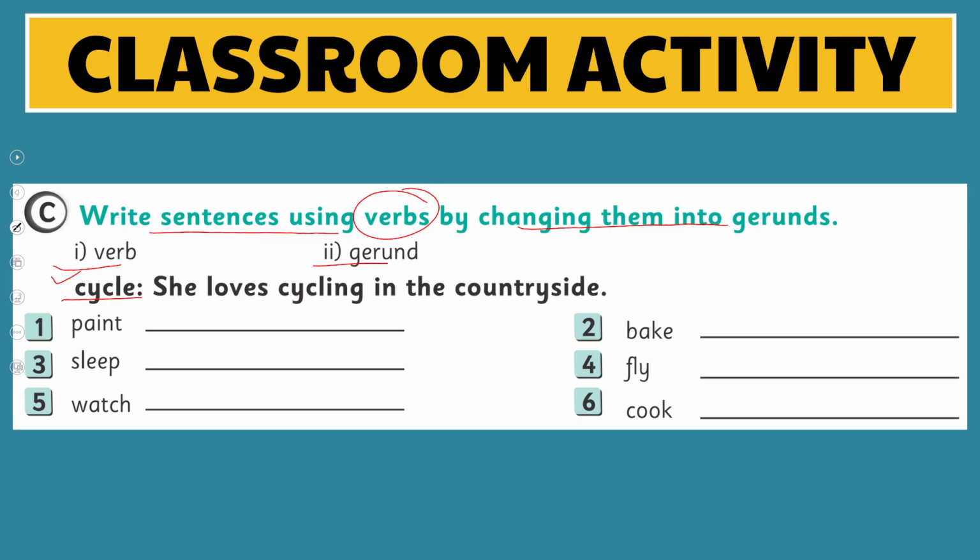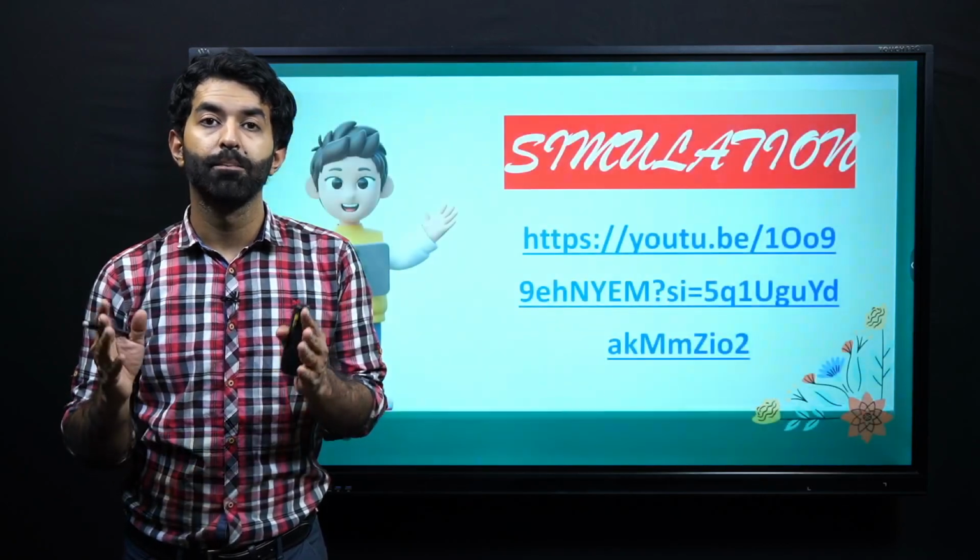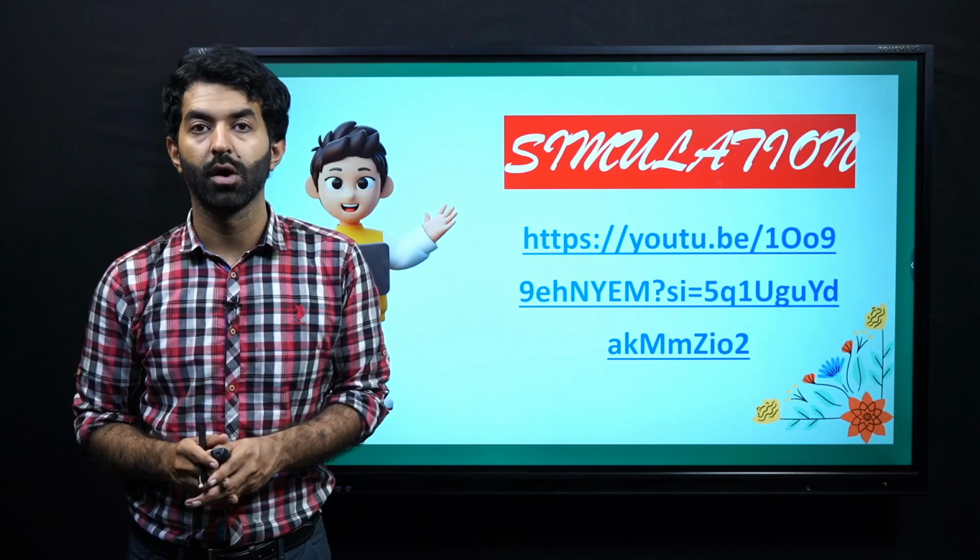Cycling is an activity that is made up of a gerund. She loves cycling in the countryside. Paint. It can be painting. She likes painting. Painting is her favorite hobby. So in this way, you can solve this classroom activity, make gerunds using the verbs.